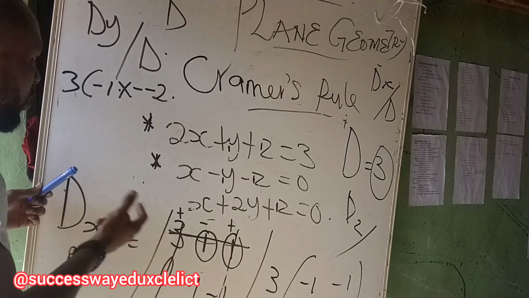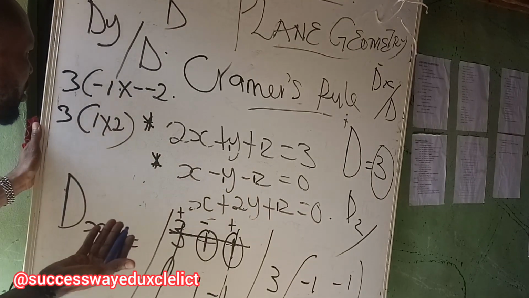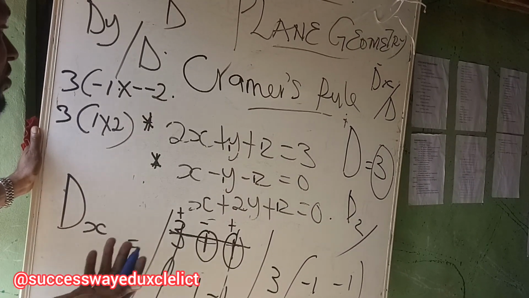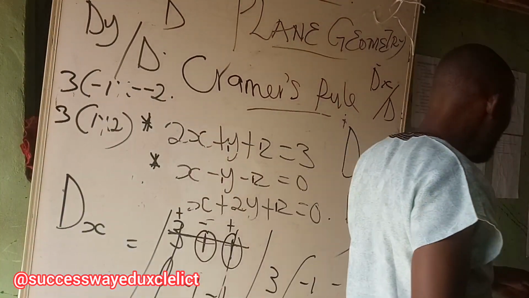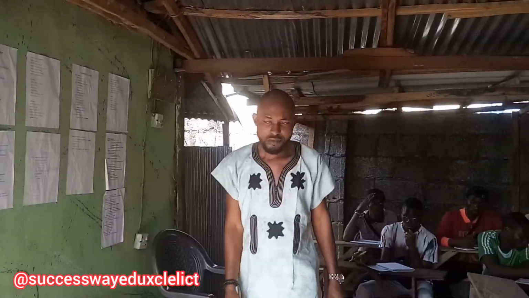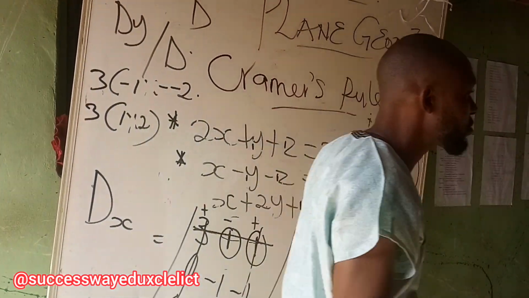That is plus now. So at the end you have 3 into 1 times 2, 1 times -1. Minus 1 plus 2. That will give you 1. 3 times 1.